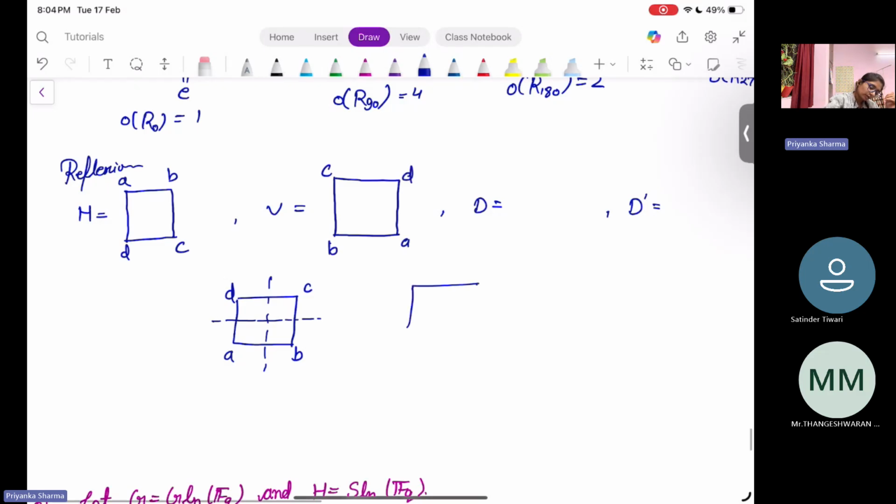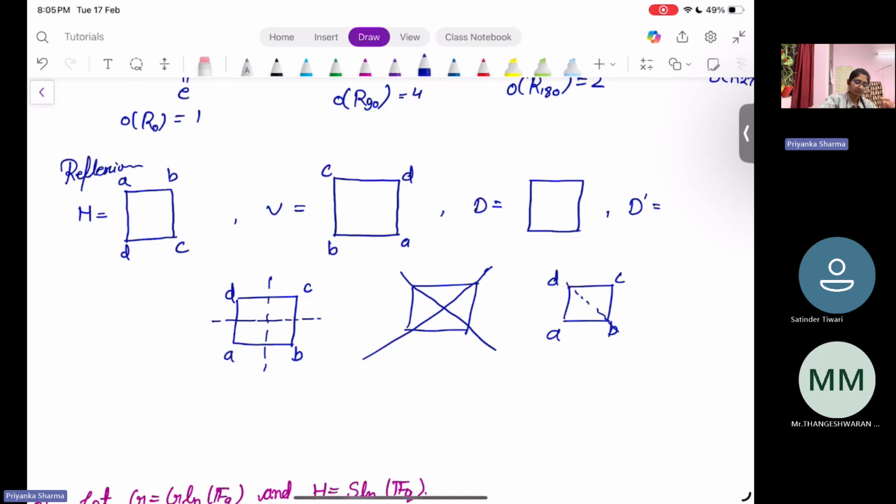Now this will be the diagonal one and this will be the anti-diagonal one. So for the diagonal one, we will have A, B, C, and D. If we reflect about this diagonal, A and C will change their position, B and D will remain unchanged.